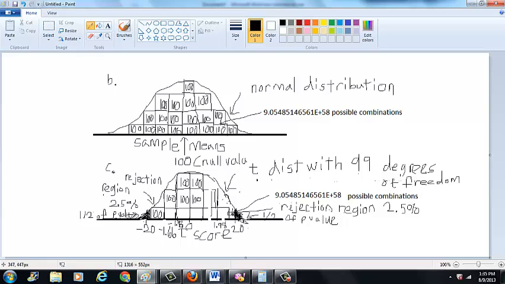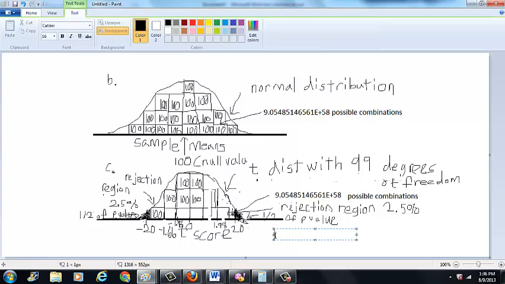And then you could just, somewhere on here, say the total of the two shaded areas is less than 0.00001, because that's the p-value that we ended up with.